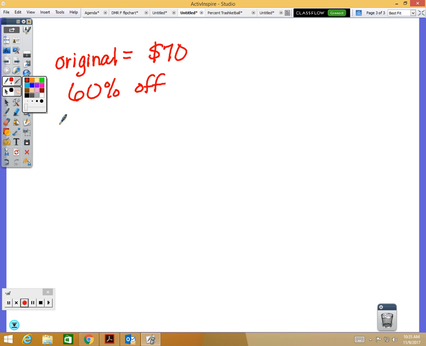I want to know what is the sale price. Sometimes they'll call that what is the price after discount or what is the new price. So there's different ways that they could phrase it. So again, do those 2 steps. Find out how much money they are taking off, and then find out your sale price.